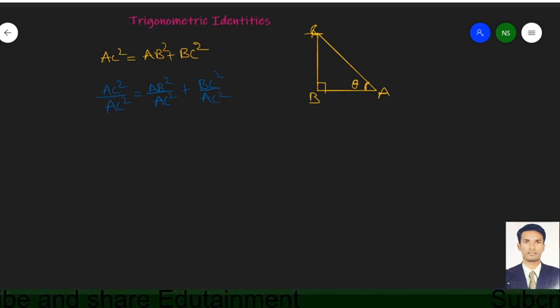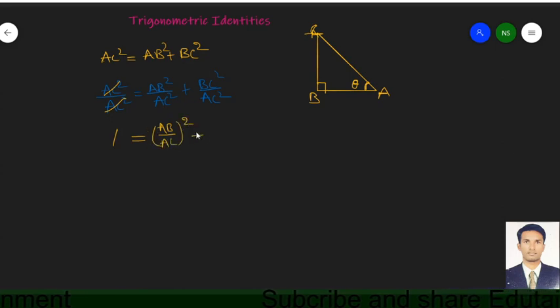AC square by AC square will be cancelled here. So we'll get 1, which is equals to AB by AC whole square plus BC by AC whole square.